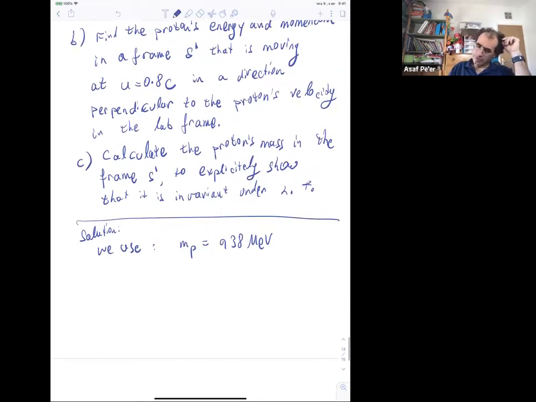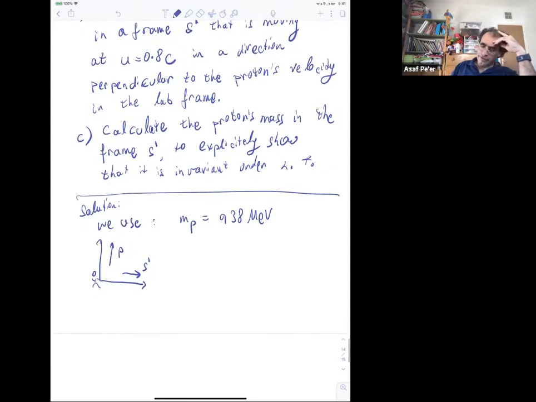So in the lab frame, this is the proton direction, and this is the S prime direction. Now, what is the proton four-momentum in the lab frame?